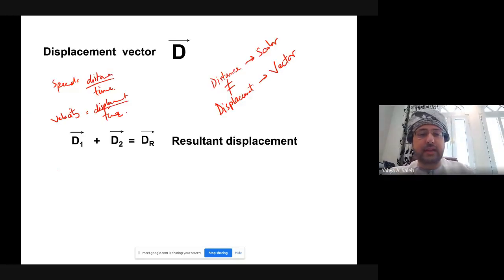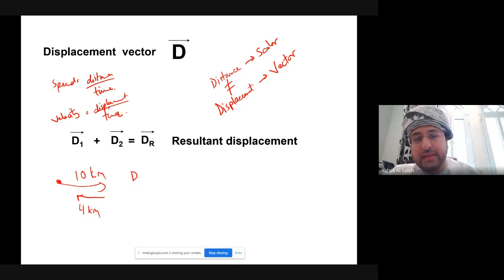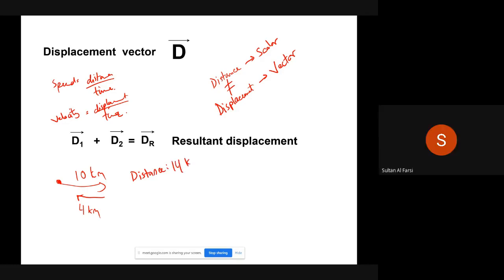So let's say I start from this point and I move 10 kilometers in this direction. And then I move 4 kilometers in this direction. If I ask what distance did I move, the answer is I moved 14 kilometers.